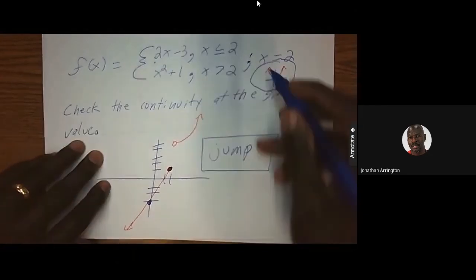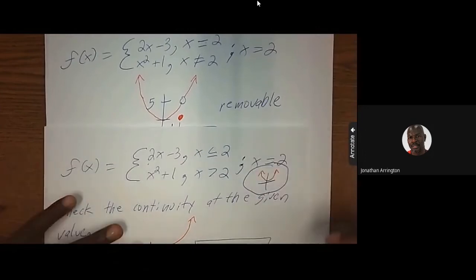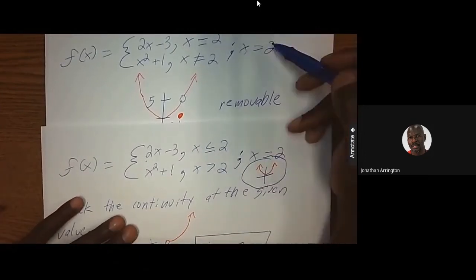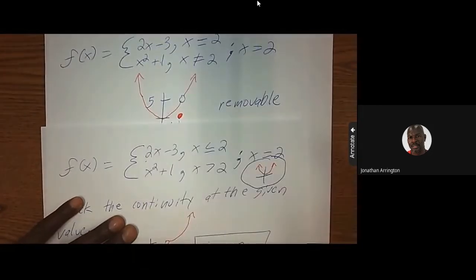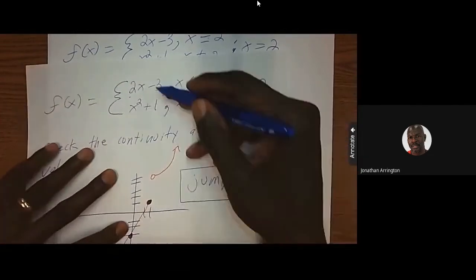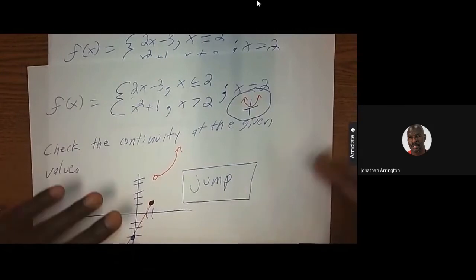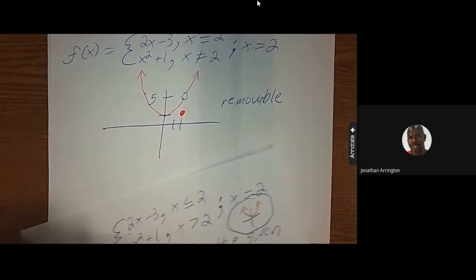Now, and again, that's at the value that they have here. Theoretically, it could possibly be continuous at this value, and that is if you plug this number into both pieces and they were equal. So if I plug this value into these pieces and they were both equal, they would actually be continuous at this number.